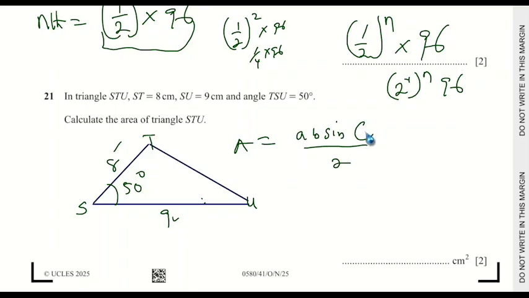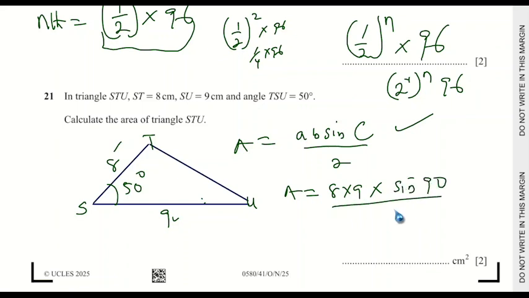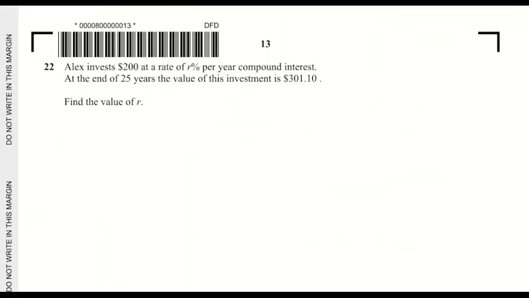But when you understand it, you don't have to write the formula. Just apply it: the area equals the product of the two sides multiplied by the sine of the angle between them, then divide by 2. Input this into your calculator, and you get 27.6, correct to 3 significant figures.